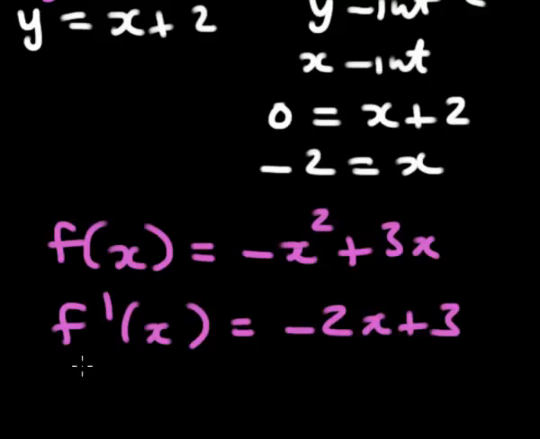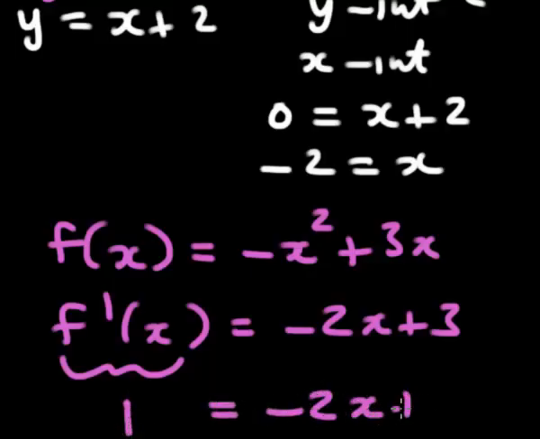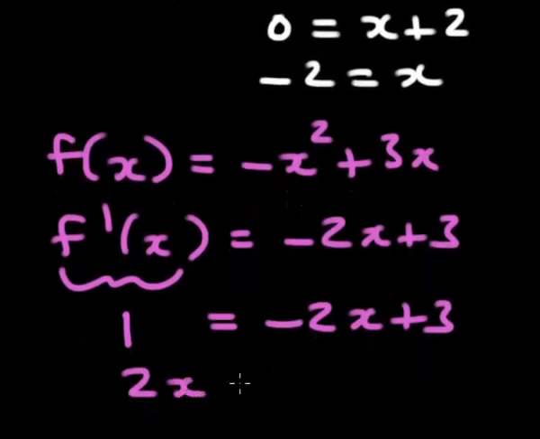But the gradient of the tangent, which is the gradient of the curve, is 1. So let's let it equal 1. Then we've got negative 2x plus 3 equals 1. Bring the negative 2x across, so 2x is equal to 3 minus 1, which is 2.